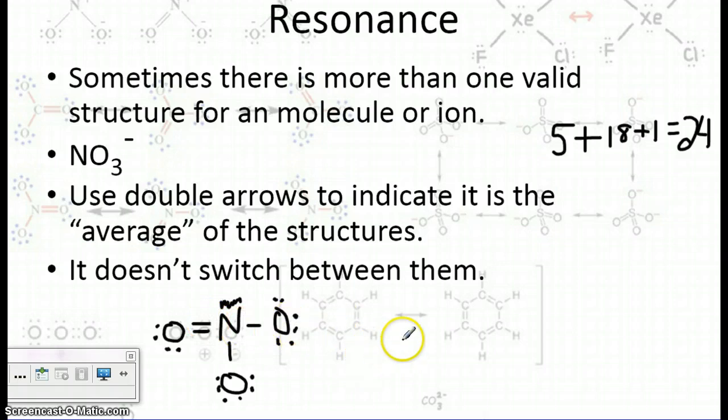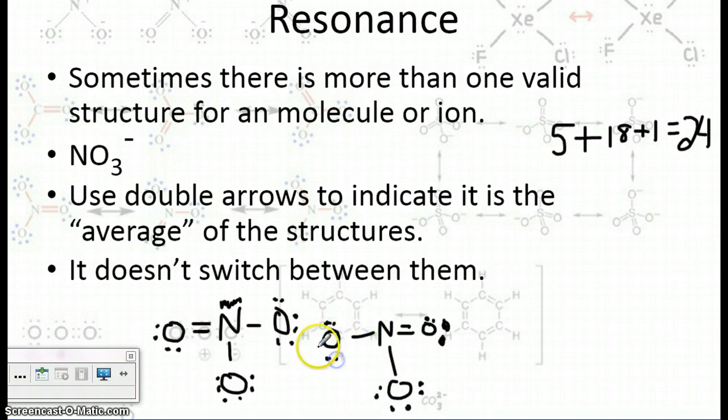But you could have drawn it like this. We could have drawn it like that with the double bond on this side, or we could have drawn it like this.